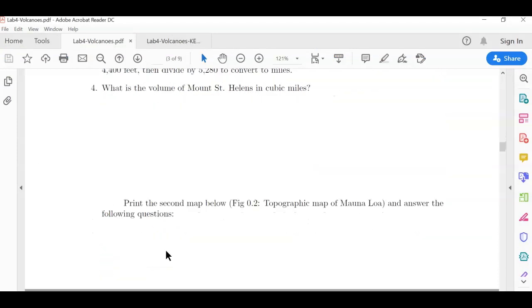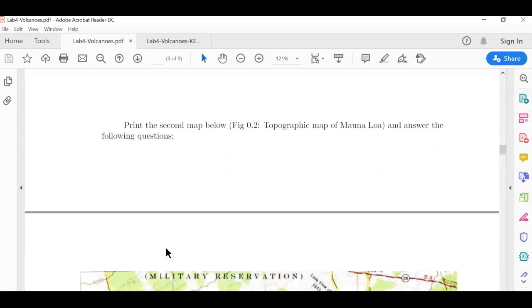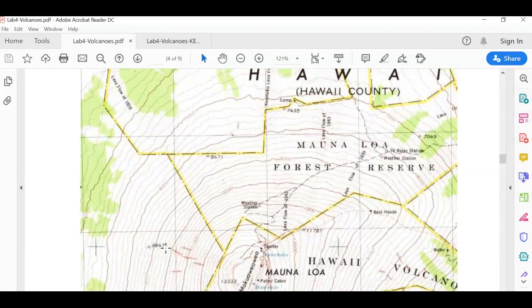All right. Good, so now what comes next is actually working on the second map. So print that second map that you see below. That's the topographic map of Mauna Loa, and then you're going to answer questions that are pretty similar to the ones that we just did. So this map, it's slightly easier to read, but at the same time it's fainter, so good luck. And the measurements are different.